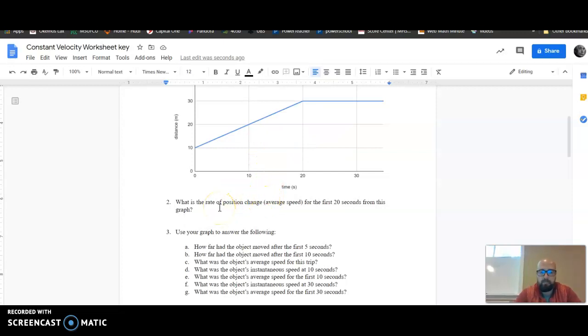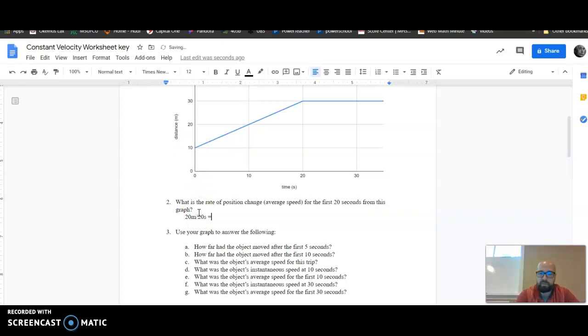My change in y is 20 meters. Now, some of you did 30 because you knew it was at 30, but the key is that it starts at a position of 10. So its position change, how much distance it traveled here, was a total of 20 meters. And it did that in 20 seconds.